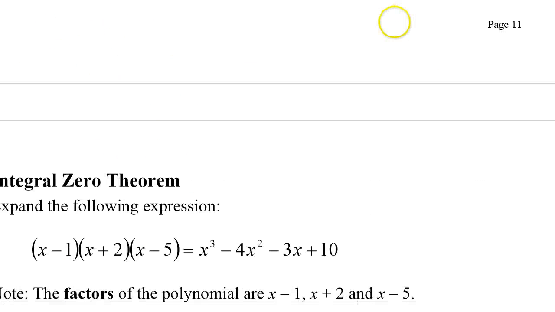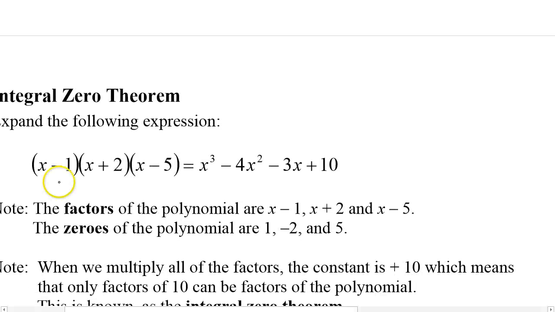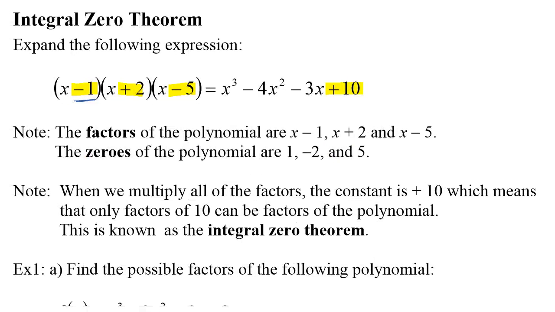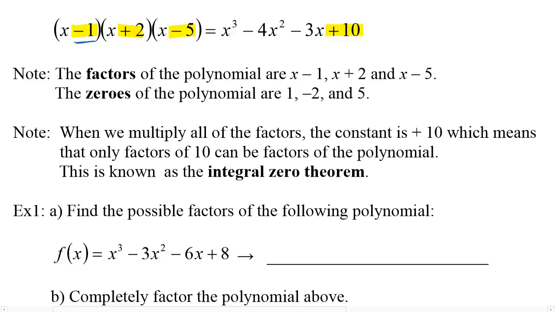Let's look at the next example here. -1 multiplied by +2 multiplied by -5 gives me +10. So by making that observation, we're able to say, whatever the constant is, all these are going to be factors of that constant.